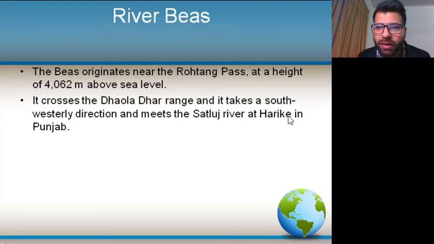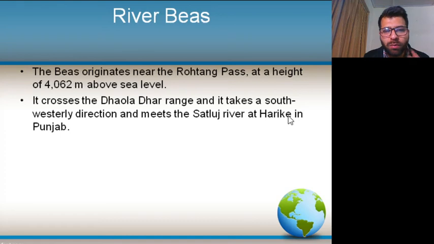Among all the rivers of the Indus River System, only Beas completely flows in India, because before entering Pakistan, the river Beas submerges into Satluj and drains all its water into it.